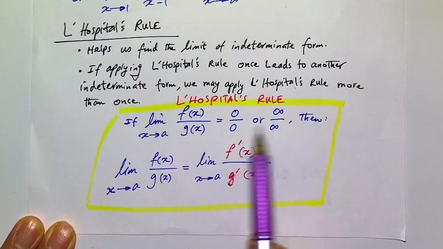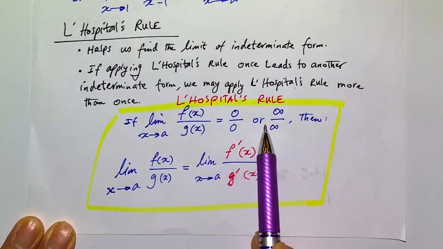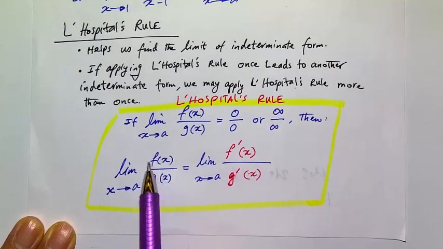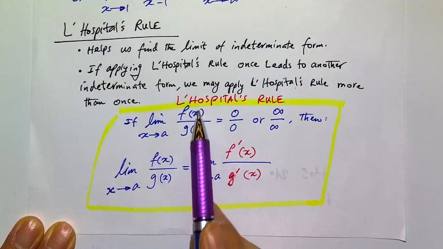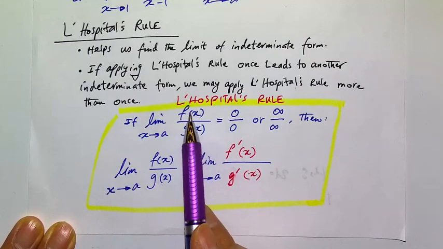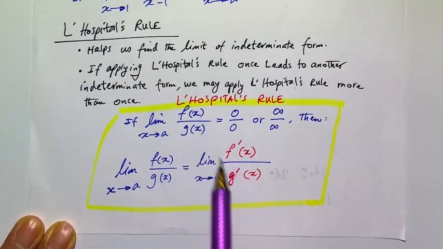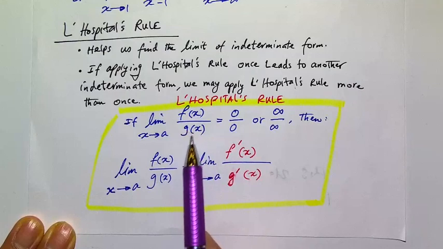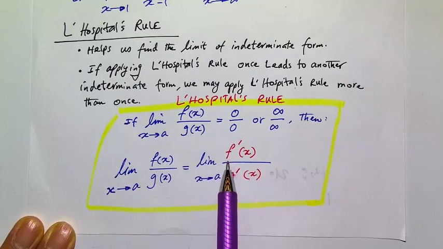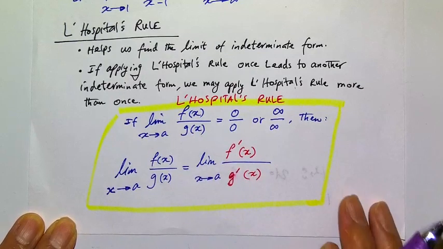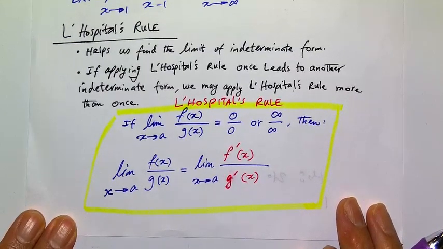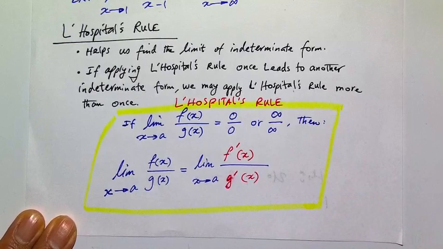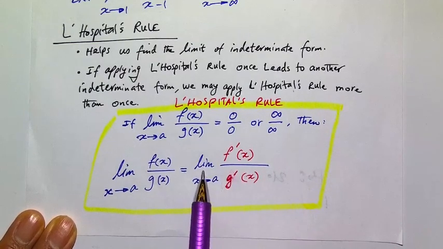If we end up with one of those indeterminate forms, then we take the limit of the derivative of the expression in the numerator and the derivative of the expression in the denominator separately. That's why I mentioned L'Hopital applies itself to pieces of the original expression. It breaks it up into fragments, takes the derivative of them, then applies the limit.